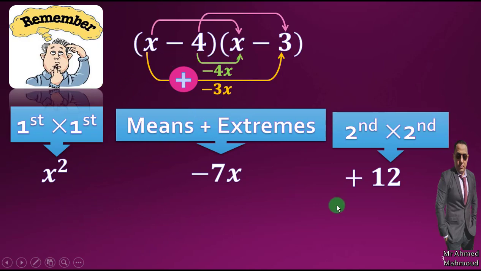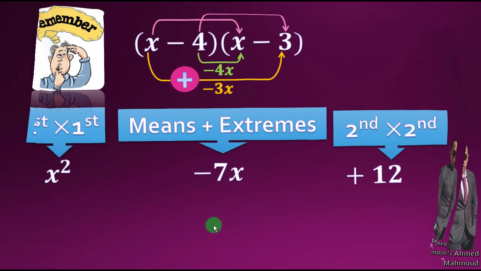Again, to factorize this one, I'm going to reverse the operation and change it into a product of two brackets like this. Of course, I need this rule in this term, inshallah. We use this rule to complete the missing terms. Now let's learn the meaning of the factorization in the next slide.